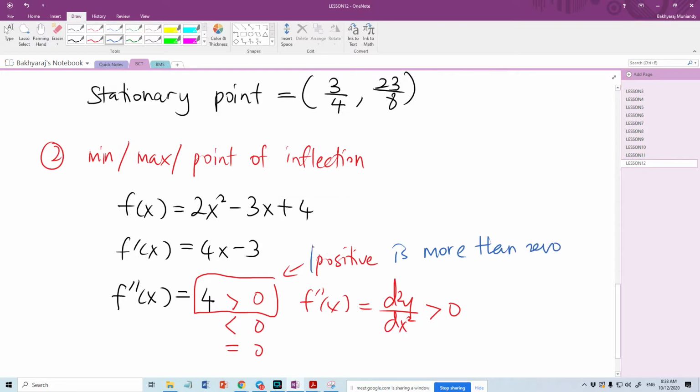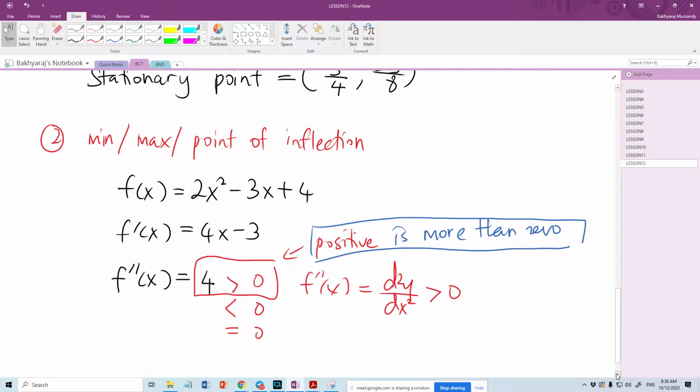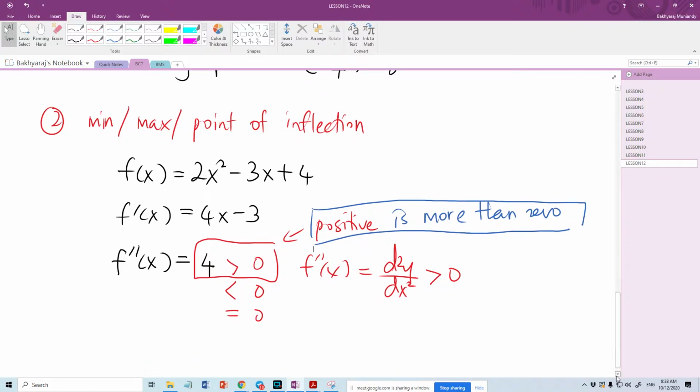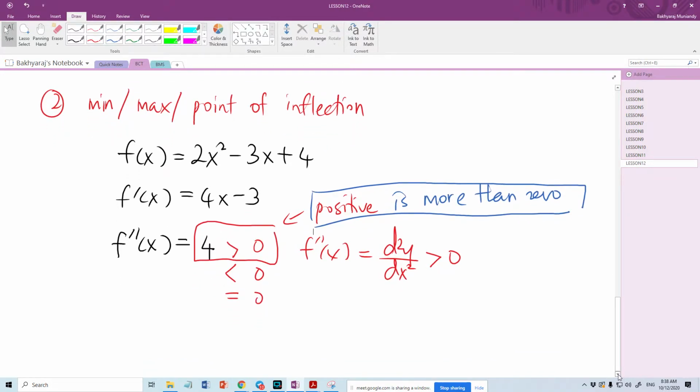So more than 0 means our conclusion here is what? Minimum, maximum or stationary point. I mean point of inflection. Okay, so ini akan jadi minimum lah. Ini sebenarnya ialah minimum point. Look at the formula again. Kalau kita tengok more than 0 ialah minimum point.